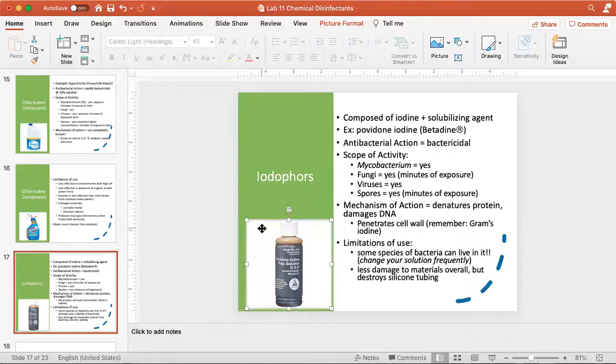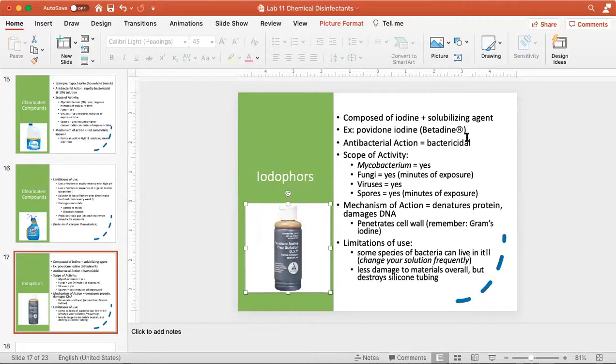The brand name Betadine is also available as this generic form, which is called povidone iodine. These are iodophores. Now, they are bactericidal, but they are not rapidly bactericidal. So they don't work as quickly as alcohol and bleach do.